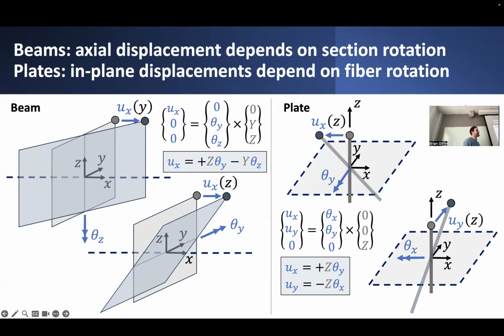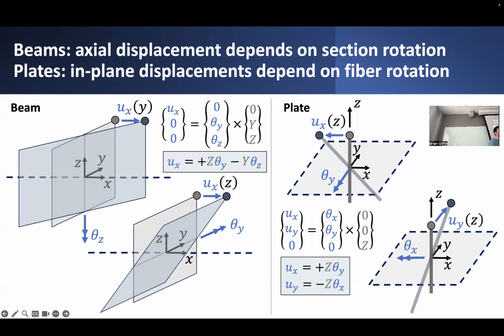So if I wanted to represent a positive rotation of this cross-section about the z-axis, it would be in the opposite orientation to what I'm showing here. A negative rotation about the z-axis would be, by the right-hand rule, a direction of rotation where my thumb is pointing opposing the z direction. So theta z in this case is actually a negative rotation, but it would give rise to a positive x displacement at this point. All right.